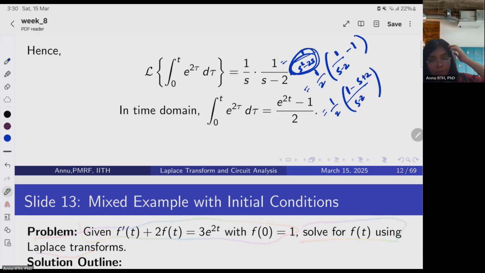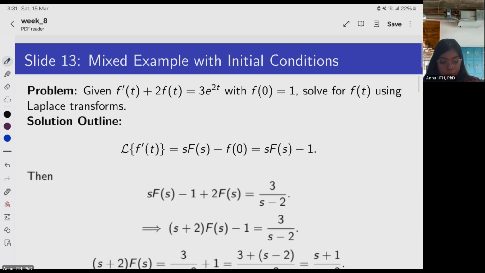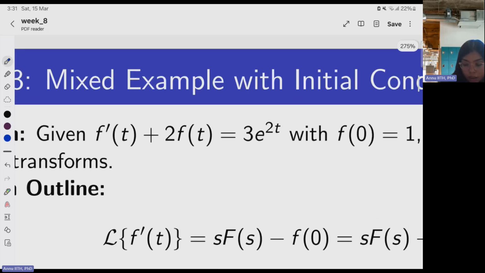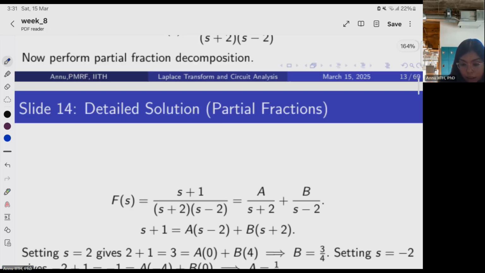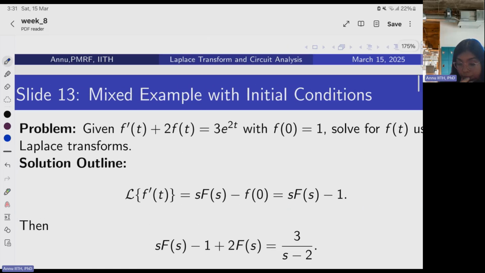Tell me, any idea? One way to solve it is to convert it to Laplace transform. So let me do that for you. Let me solve it here, in order with the steps. We have the steps also that we can go through.